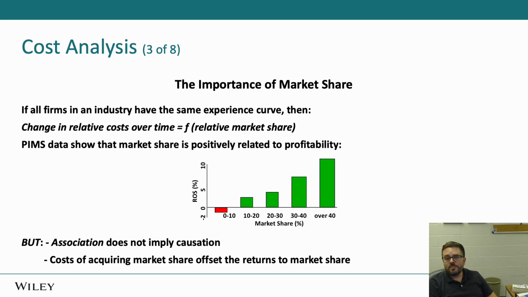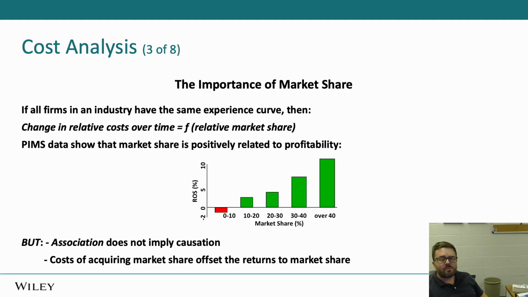The argument here is that that might be because of these learning effects. The more market share you have, the more units you're producing with respect to that good or service, and so the more you go down that learning curve, and the more your costs decrease.